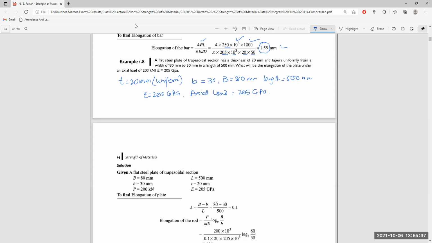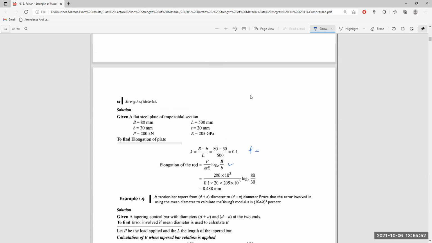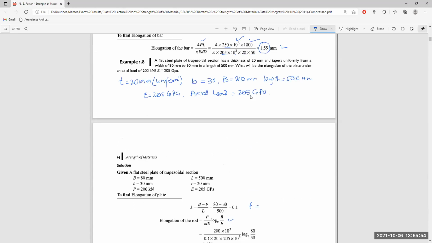So here the solution is given. We have the formula here, and the elongation of the bar is given by this formula. E is given as 205 GPa multiplied by 10 to the power 3 MPa.